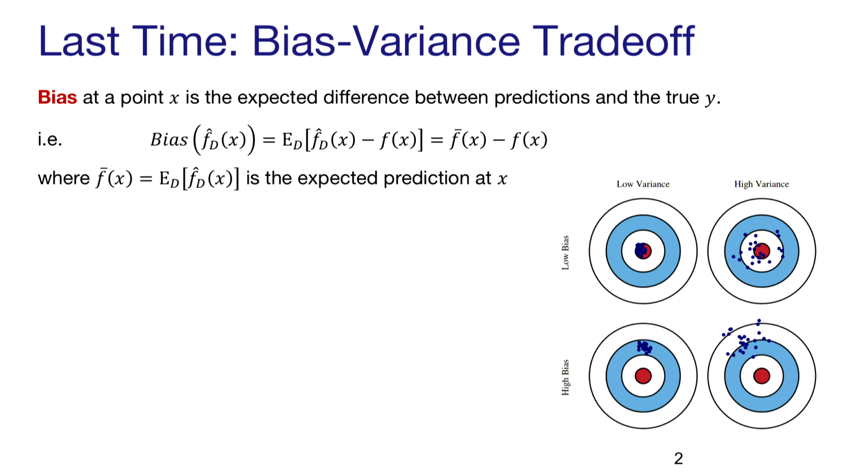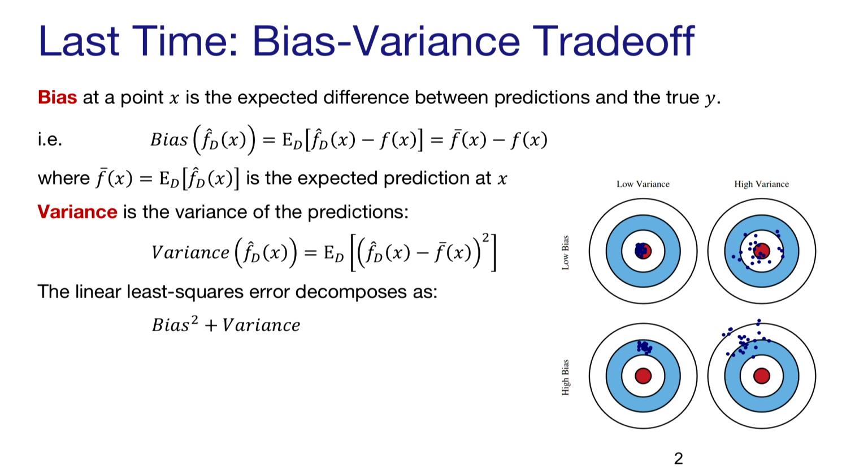So anyway, bias is the expected difference between the predictor and the ideal. So it's an actual vector in whatever output space you're in. So the difference between the actual prediction and the average of the actual output and the value of the predictors. And variance is typically a squared distance.